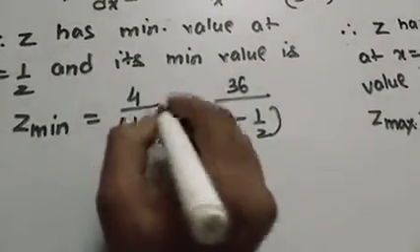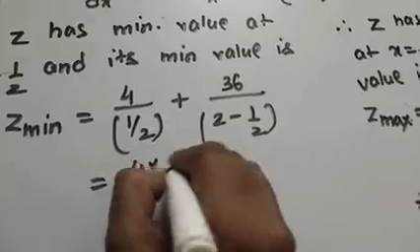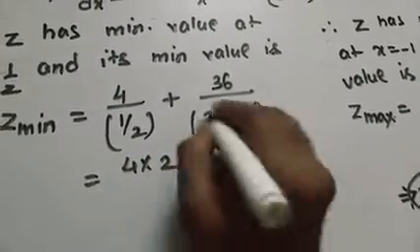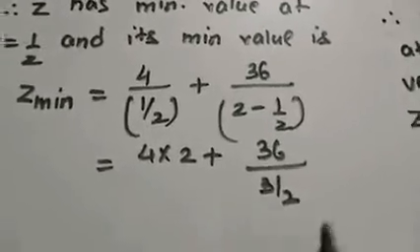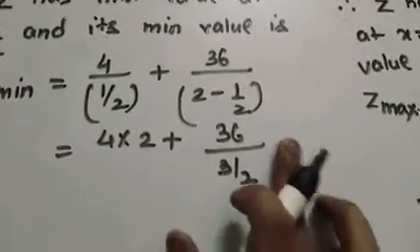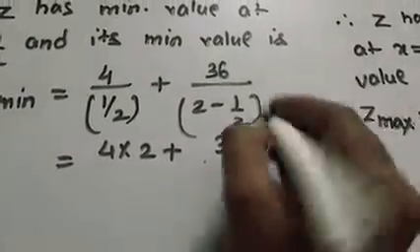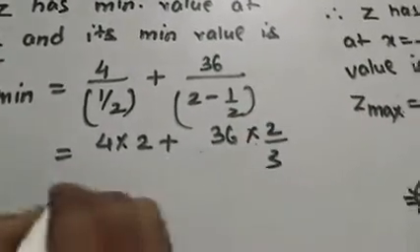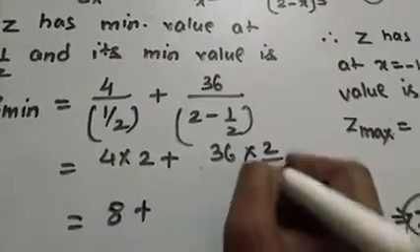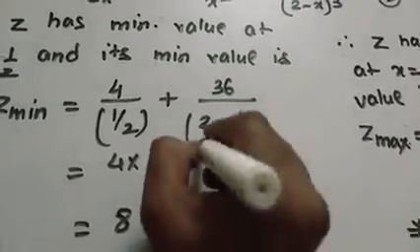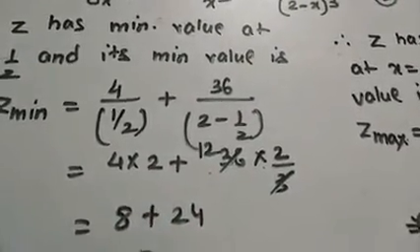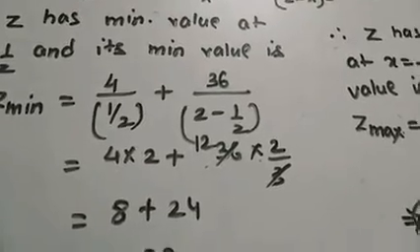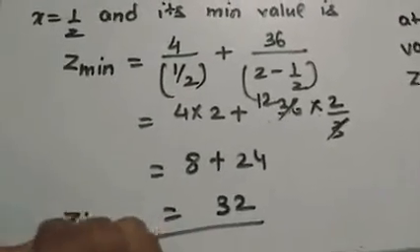So now half, 2 goes to the numerator, that is 4 into 2, now 36, 2 minus half, 3 by 2. Now if you convert this division into multiplication it becomes 2 by 3. Now 4 into 2 is 8, 3 by 36 is 12, 12 into 2 is 24, 24 plus 8, that is 32. So that is our z minimum.